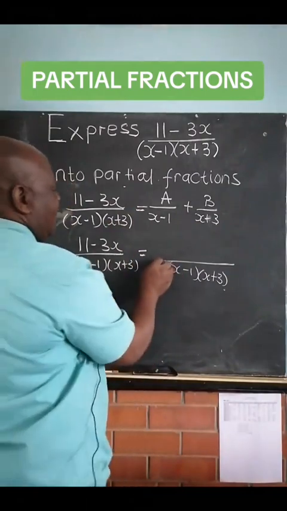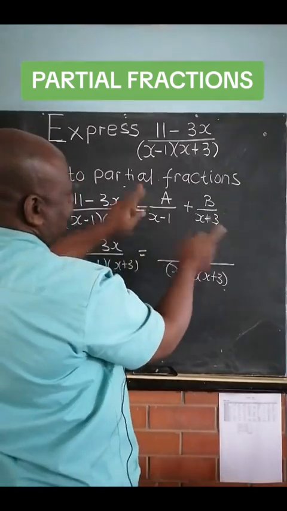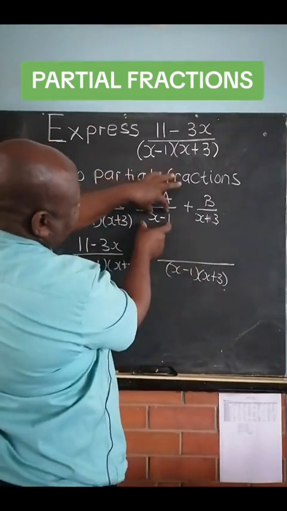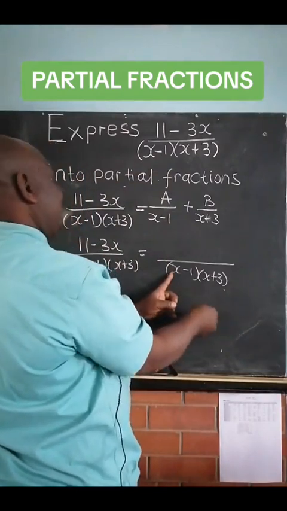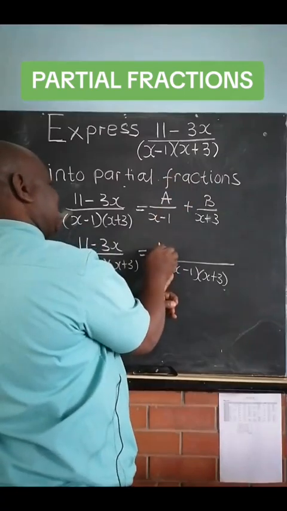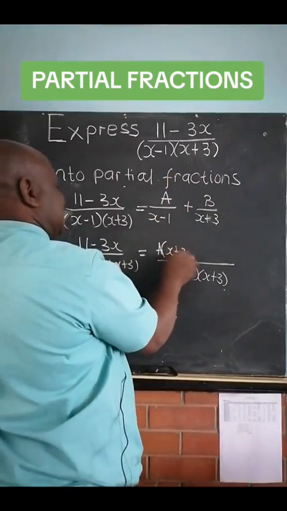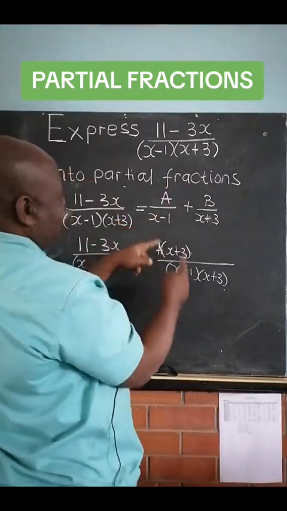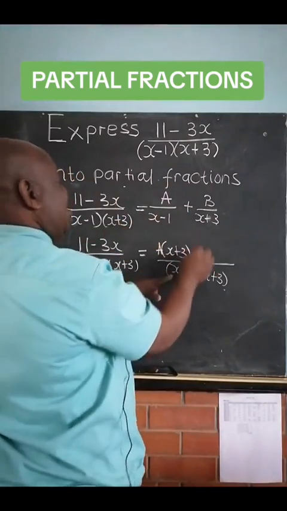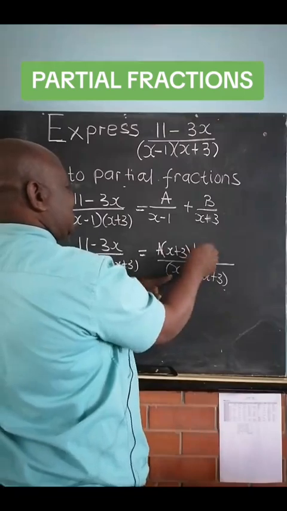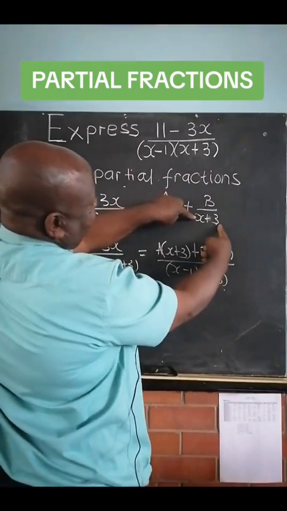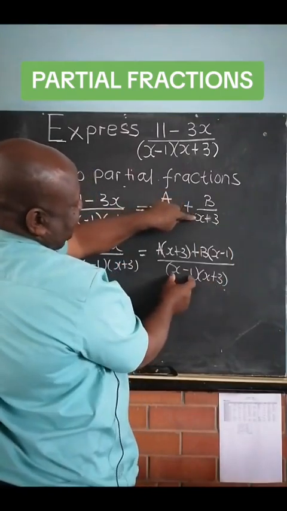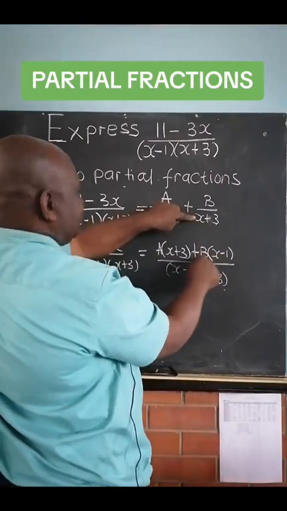Now, when we simplify this, we divide x minus 1 into that entire factor there, then multiply by A. So we get A(x plus 3), because x minus 1 will cancel with this x minus 1. Plus, similarly, B times (x minus 1), because if I divide x plus 3 into that, I remain with x minus 1, by which I multiply B.